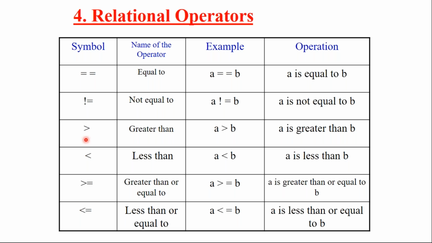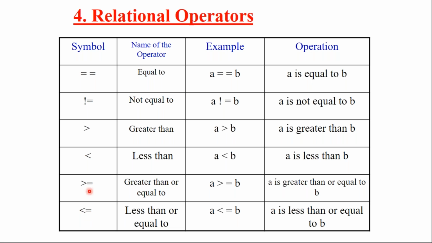So x greater than y, or x less than y, or x is greater than or equal to y. It may be a situation where another student can have greater than or equal to the same marks. Both situations can be present. So in those situations, we can use these kinds of relational operators.